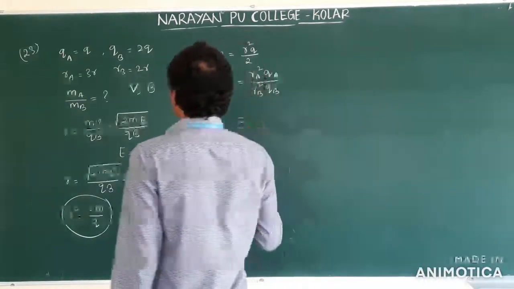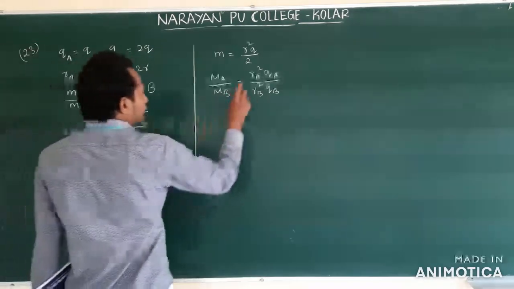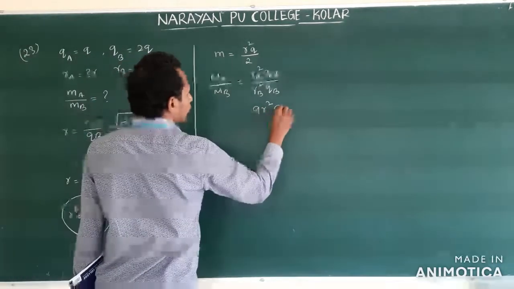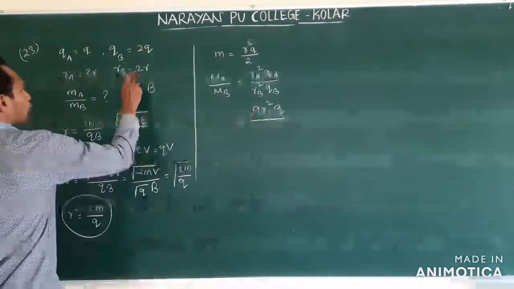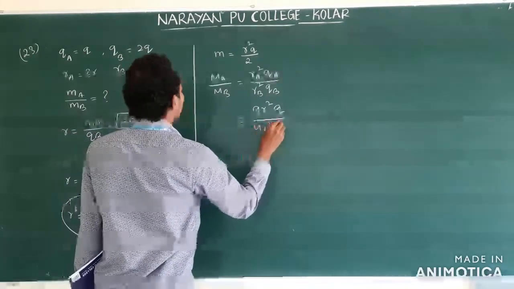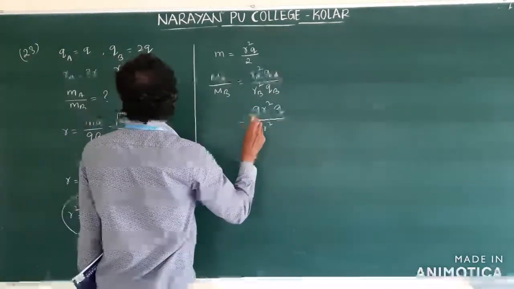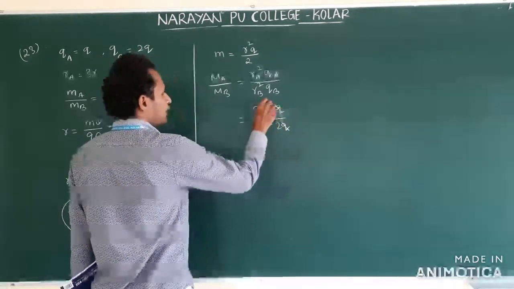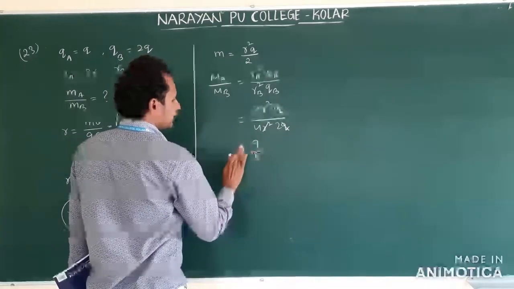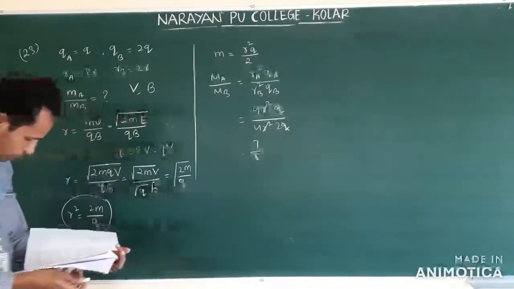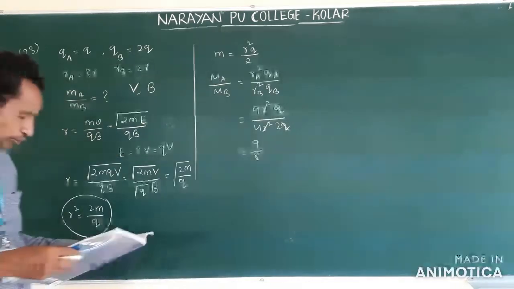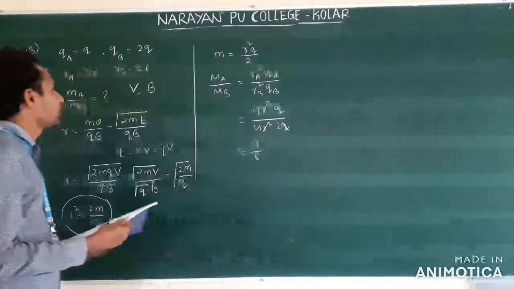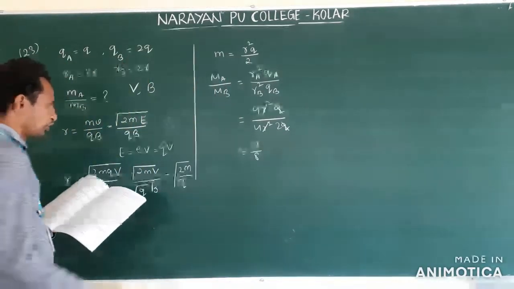So now rA is 3r, square is 9r square, qA is q, by rB is 2r, square is 4r square, and qB is 2q. q cancels, r square cancels, so 9 by 8. Check the options. 9 by 8, or 9 is to 8. Option 2 is correct. Now come to the 24th question.